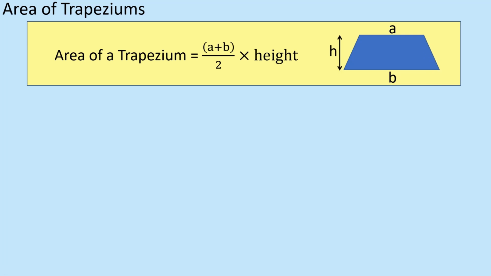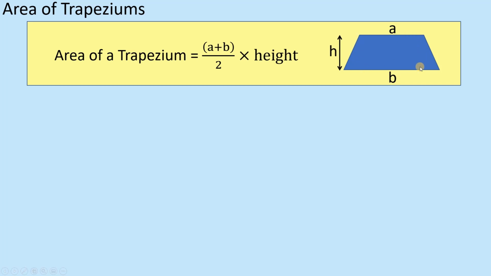Right, now to work out the area of a trapezium, because this length and this length are different, it's not quite the same as a rectangle or a parallelogram. I still want to times something by its perpendicular height, but these two numbers here are different. So I can't do base times height because I'm missing this little bit, or I've got this additional bit added on.